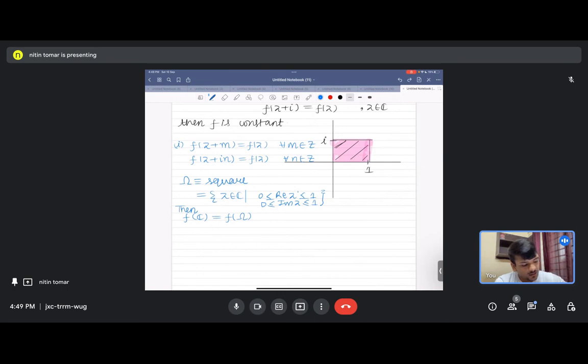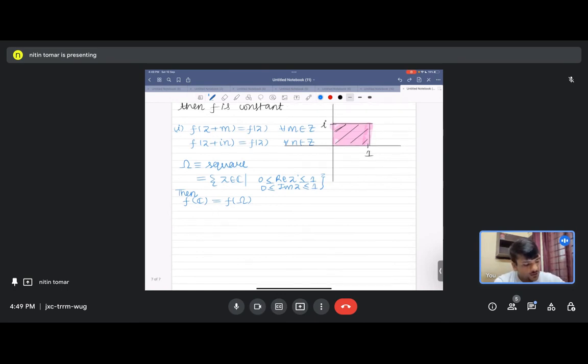So what I want to say is that the range of f over C is the same as the range of f over this omega, and this omega, remember, is a compact set.